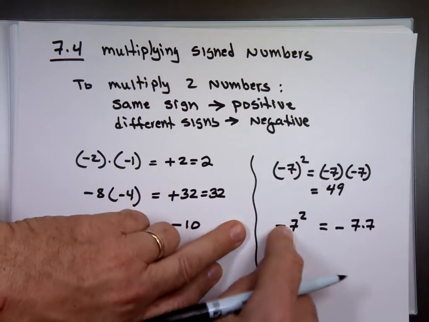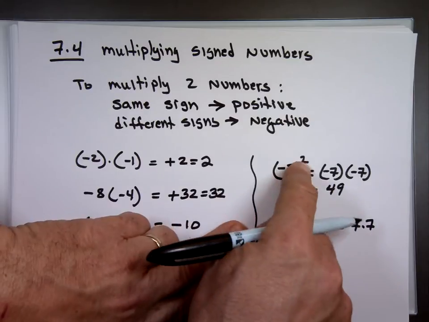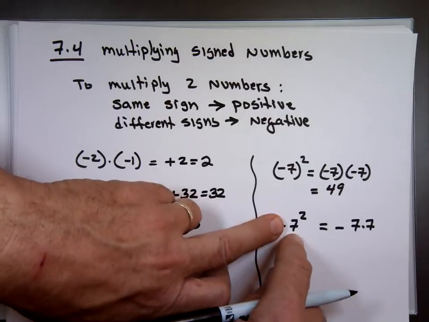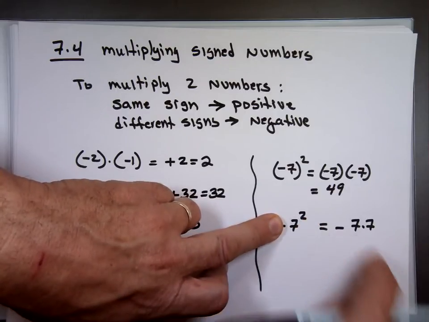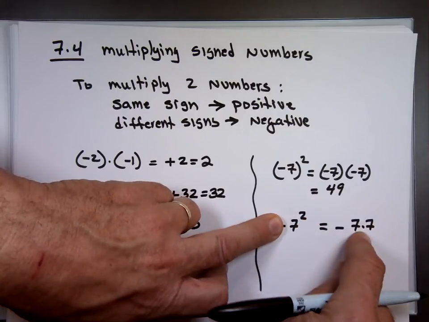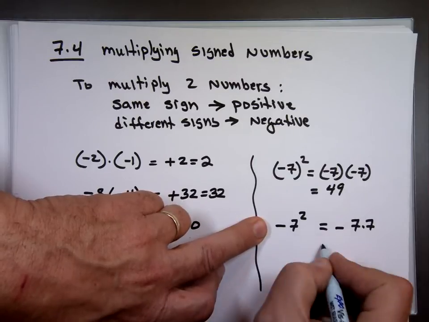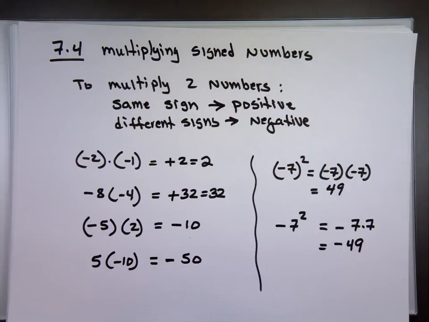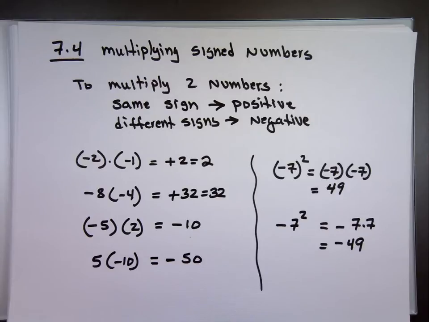So when you see the parentheses, that's the whole thing squared, including the minus sign. When there is no parentheses, just the 7 is being squared. So 7 times 7, 49, there's a minus sign in the front. That's a negative 49. If you have a decent calculator and you write that in it, it should give you negative 49.